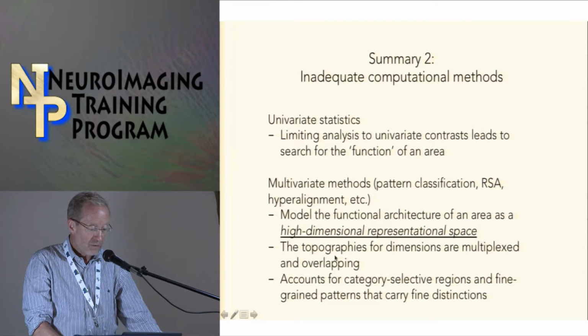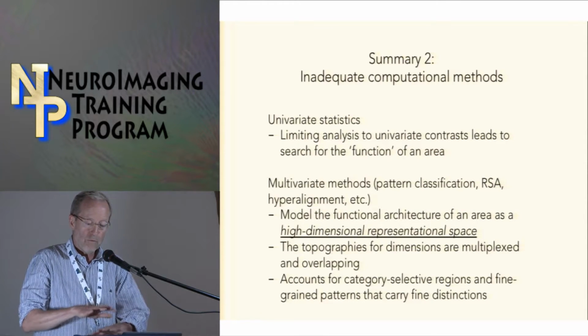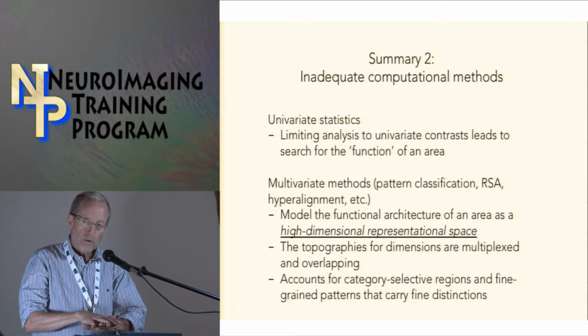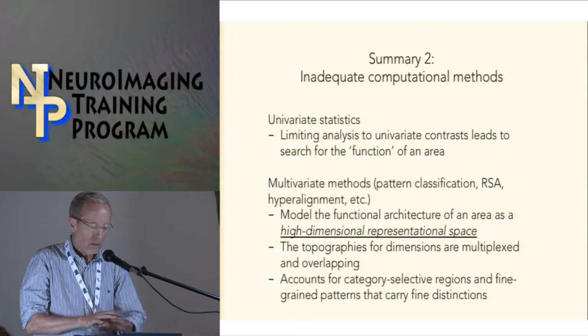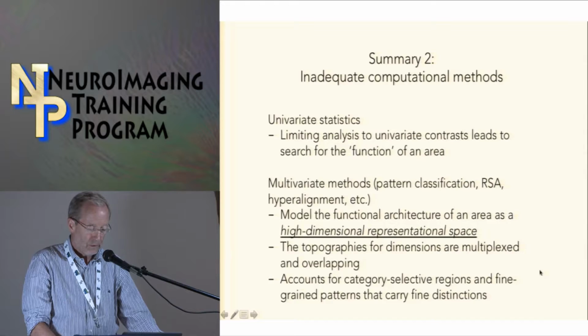And the topographies for these dimensions are multiplexed and overlapping. So instead of looking for an area, we look for a variety of topographies that are multiplexed with complex tuning functions at any given location. And this kind of a model can account for category selective regions as well as the fine-grained patterns that carry fine distinctions in these areas.